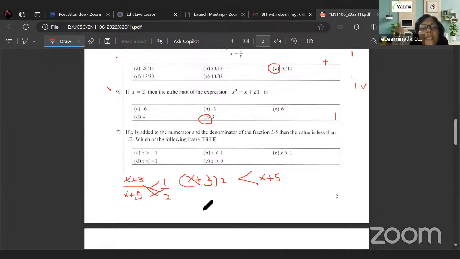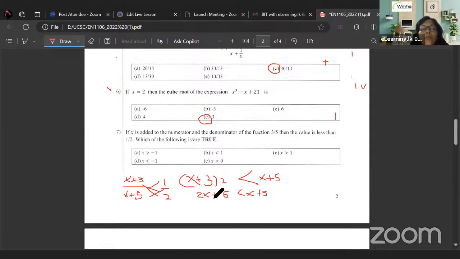So the left hand side will become 2x plus 6 less than x plus 5.